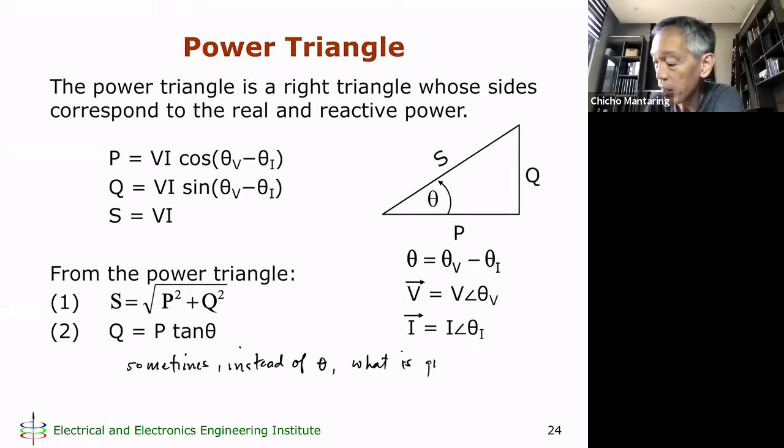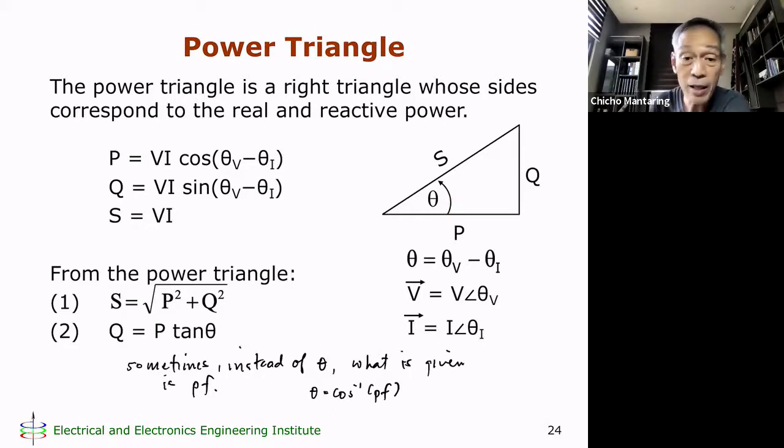So that's easy: theta is just the arc cosine of your power factor. However, depending on whether the power factor is leading or lagging, you have to assign the correct sign for Q.